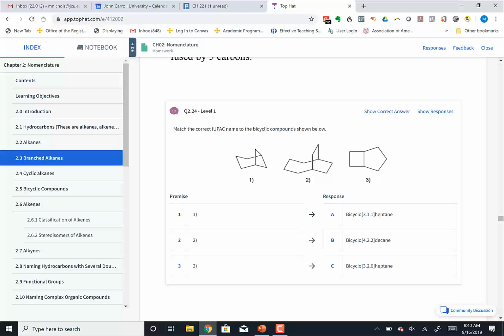Let's see, 3 plus 1 plus 1 is 5 plus 2 is 7. So this is going to be a bicycloheptane. Over here, we've got a bridgehead here, bridgehead here. We've got 1, 2, 3, 4, a 2, and a 2. So that's going to be a 4.2.2, which is 8, plus 2 is 10. So this is going to be a bicyclodecane.